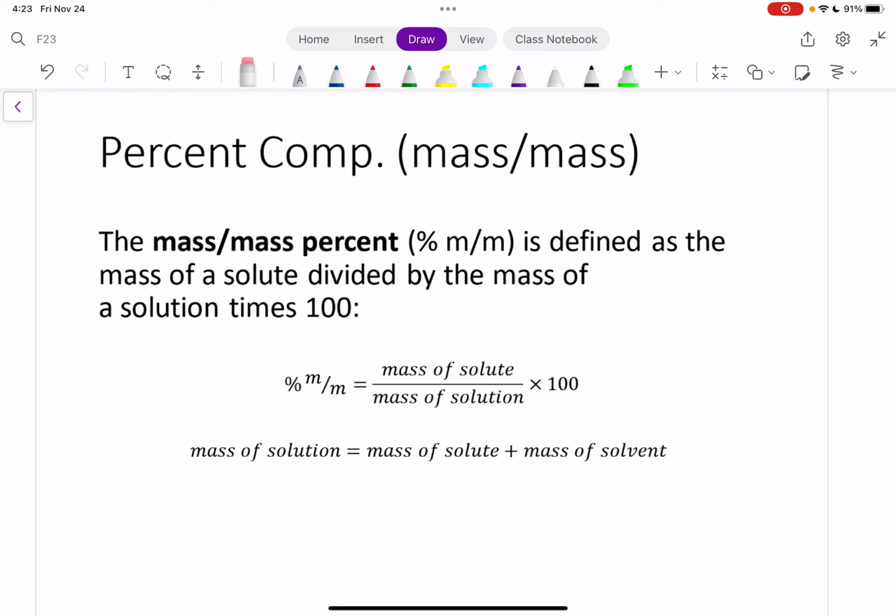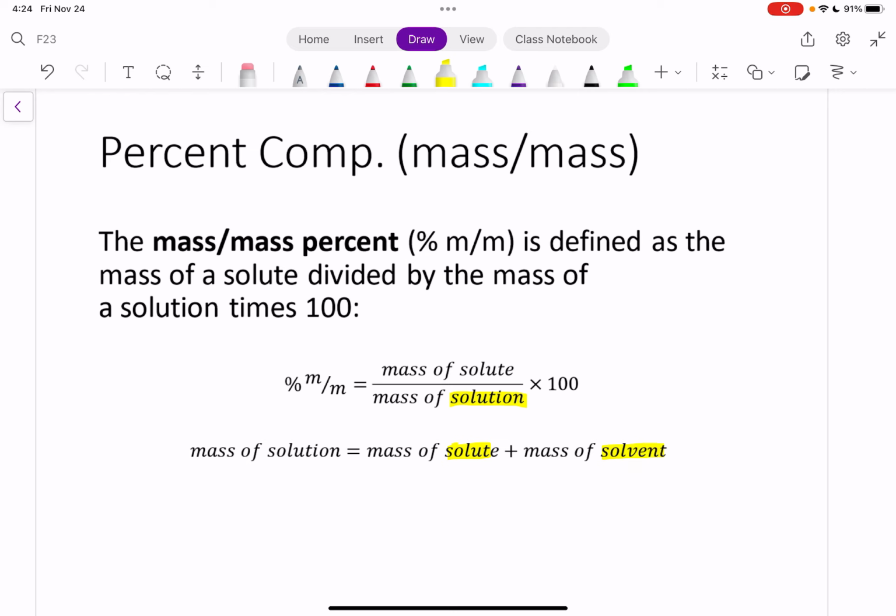So like this says above, we take the mass of our solute, the thing we're dissolving, and we divide that into the mass of our solution, our total solution. Now remember that when we use the term solution, that's the solute plus our solvent, right?